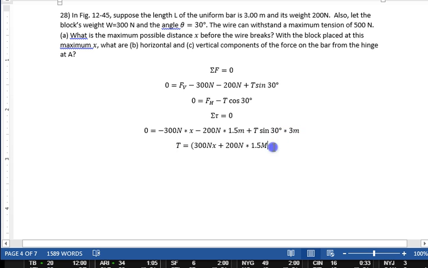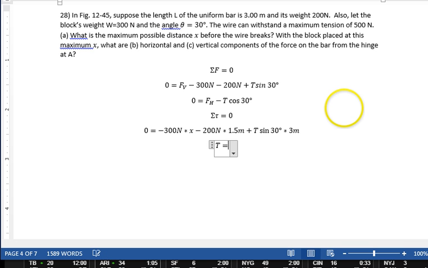And let me back up. I'm backing up because what is the maximum possible distance for the wire breaks if the wire breaks when the tension is at 500 newtons. So what we really want to do here is set the tension equal to 500 newtons, and then solve for x when the tension equals 500 newtons.